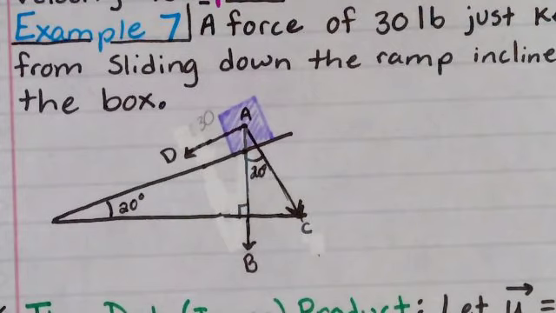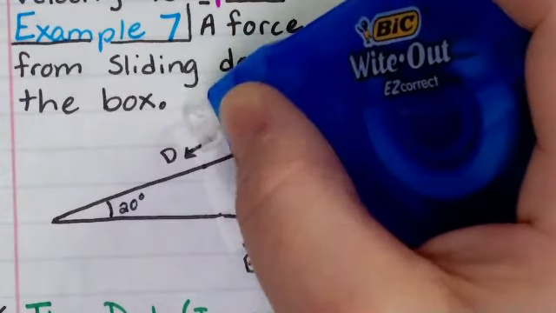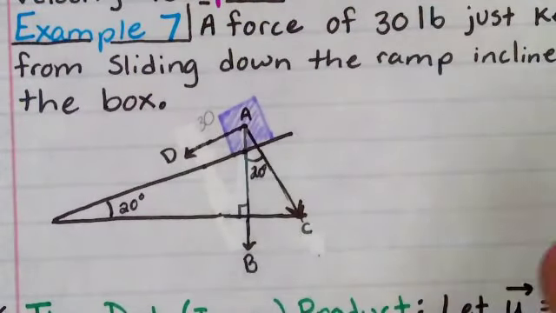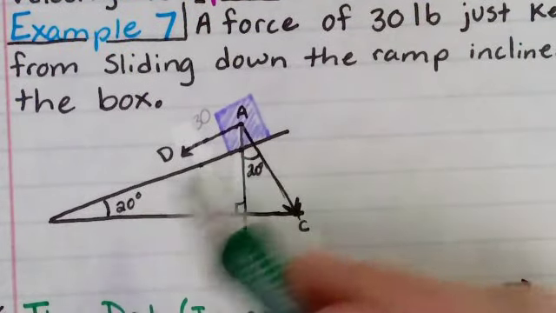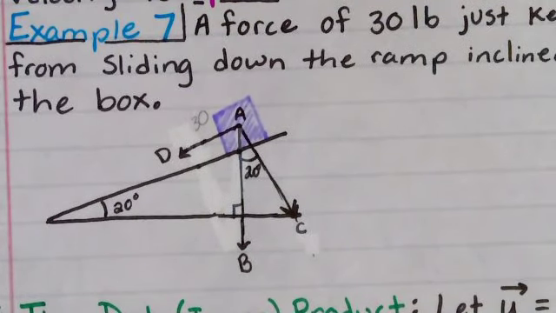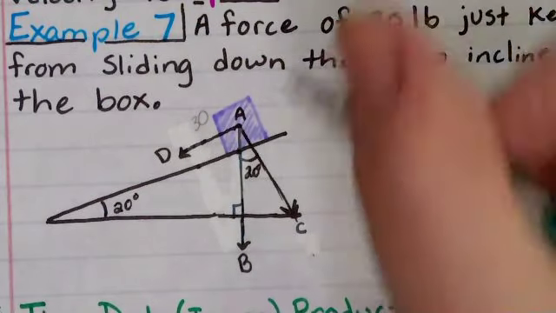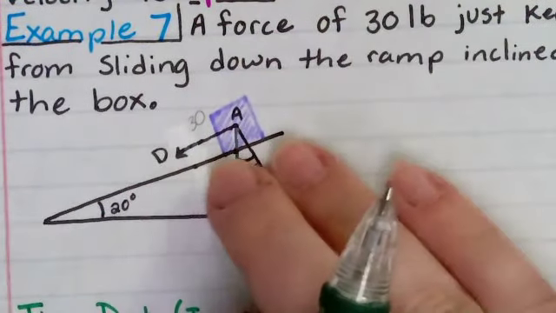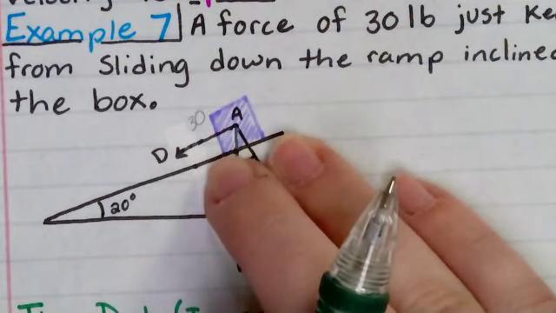But yeah, so the 30 is that magnitude of that force of that box trying to go down the ramp. But it's not going. It just has that force pushing on it due to gravity and the weight of the box.